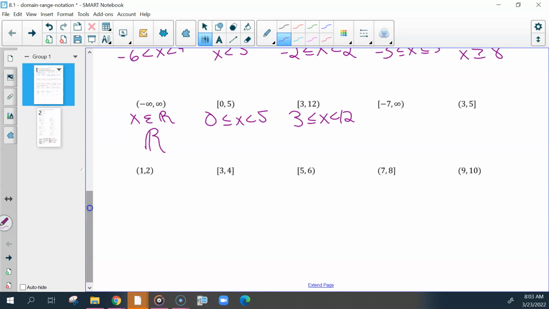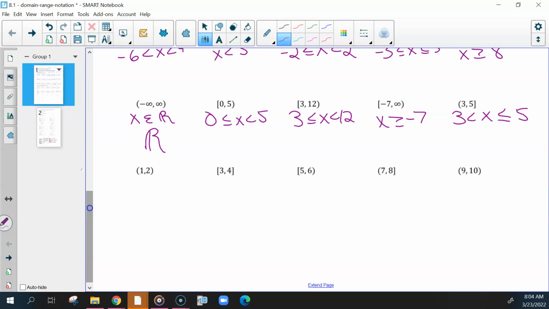In this case, it would be greater than. Even though we're starting with a negative number, it keeps going to infinity. It's equal to, so it'd be x is greater than or equal to negative 7. 3 to 5, how would we write that? Three is less than x is less than or equal to 5.